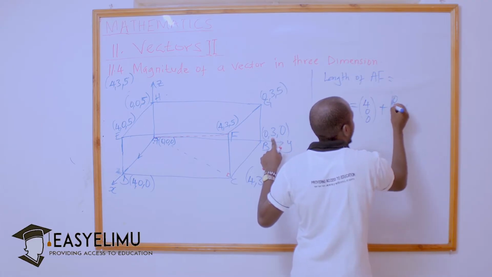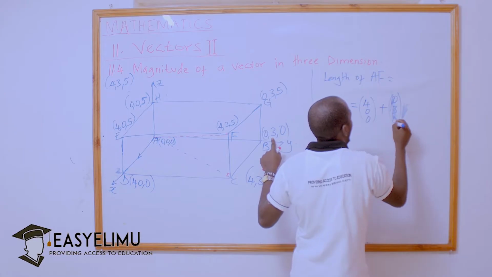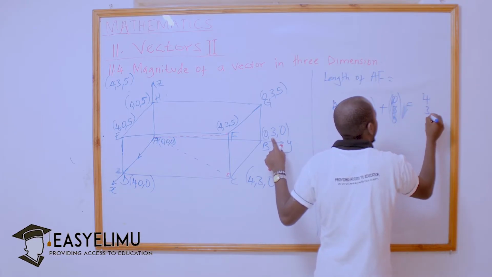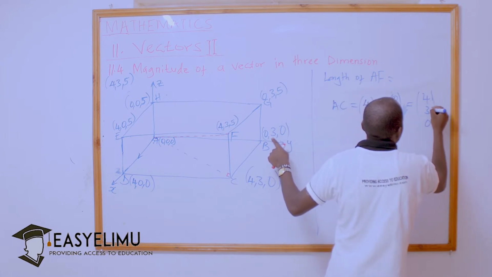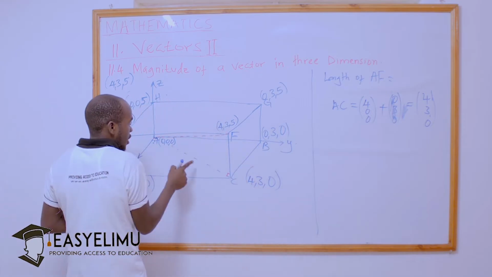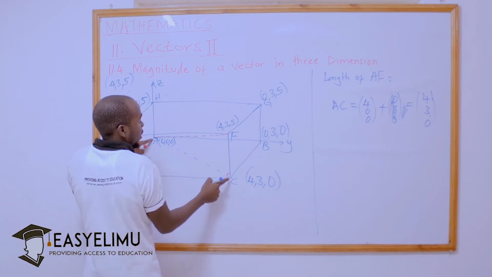That is the reason why AC is equal to 4, 3, 0. So that is what we are having as AC, the coordinates which you will determine for AC.